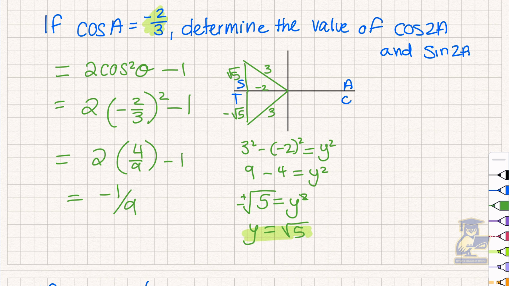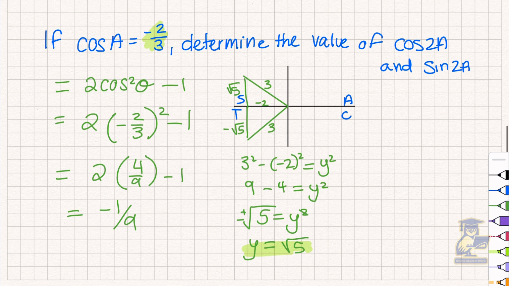So therefore, when we're looking at sine 2 theta, sine 2 theta equals 2 sine theta cos theta. So it'd be 2 and then sine theta and then cos theta.